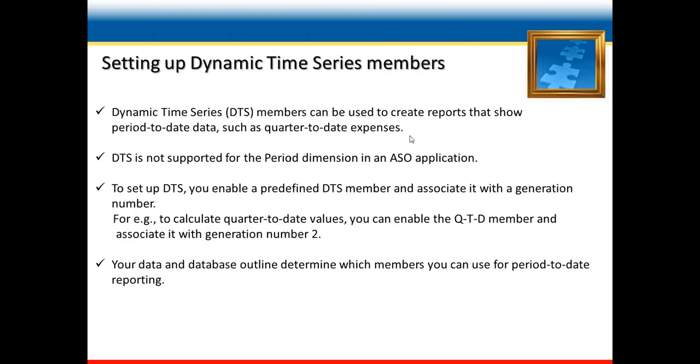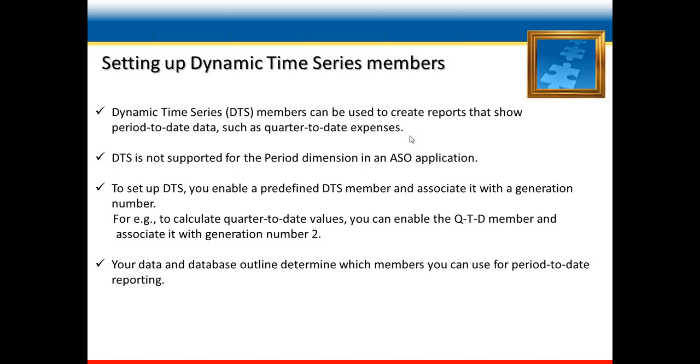Now dynamic time series. How can we set up dynamic time series on members? Dynamic time series members can be used to create reports that show period-to-date data such as quarter-to-date expenses. DTS is not supported for the period dimension in an ASO application.